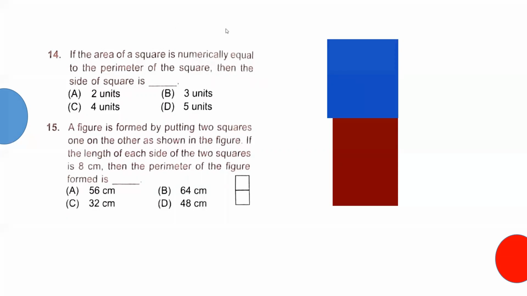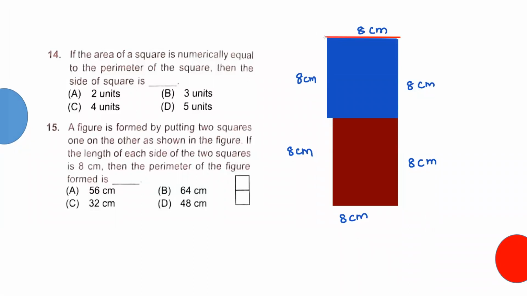Just see the figure here. If this is given as 8 centimeter, and this is 8 centimeter, as it is a square, all sides are 8 centimeter, right? And perimeter means the sum of the outer boundaries. So we take another color.